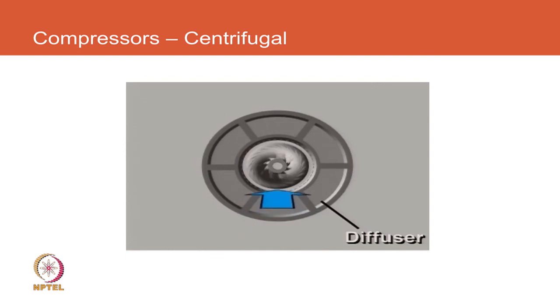And then we have a diffuser. So the primary function of the diffuser is to contain this kinetic energy and gradually allow for expansion, so that we have high pressure refrigerant available at the outlet of the centrifugal compressor.